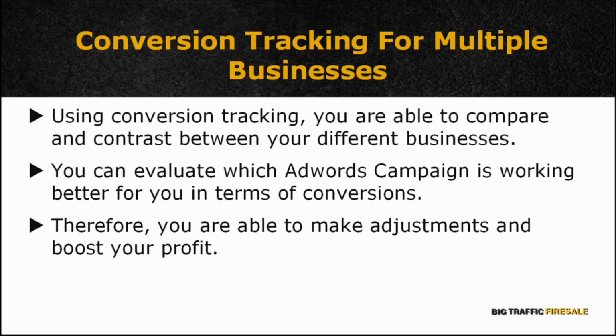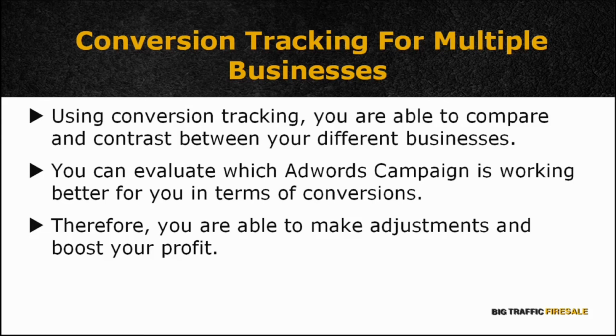How about if you have multiple businesses to take care of? Well, it surely can come in handy too. By using conversion tracking, you can compare and contrast between the two businesses and see which AdWords campaign is working better for you in terms of conversions.